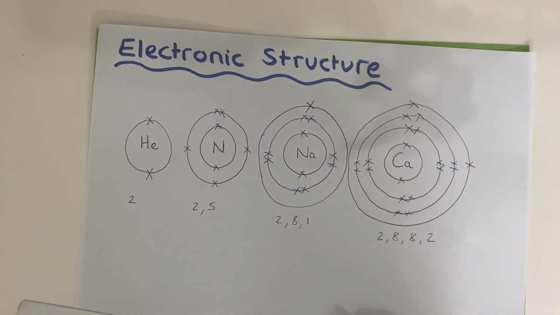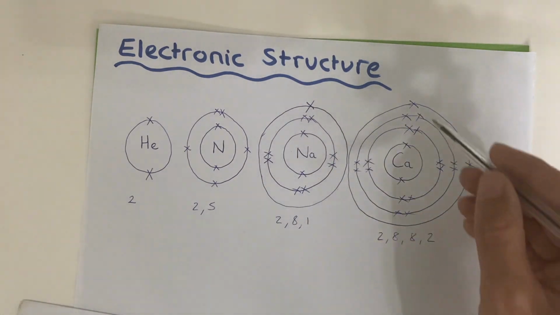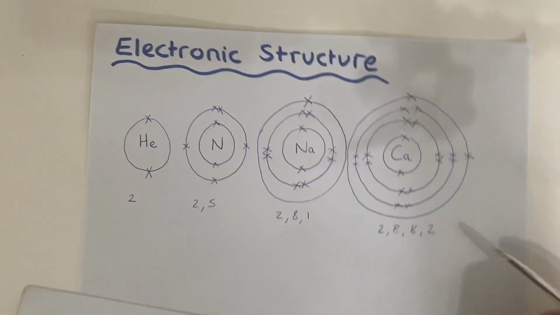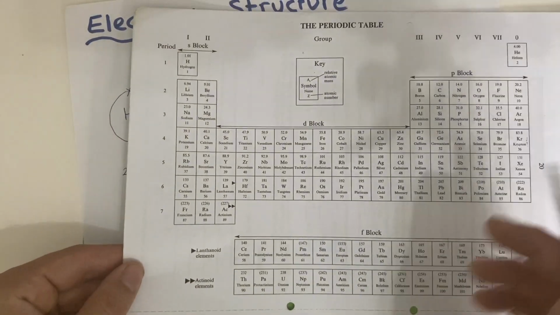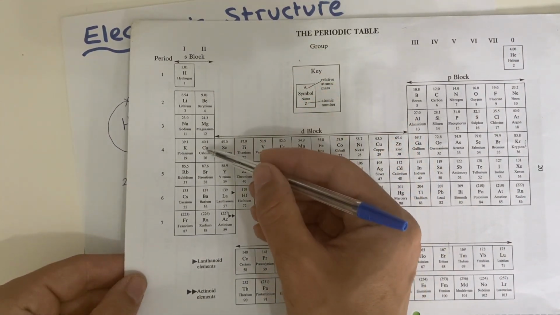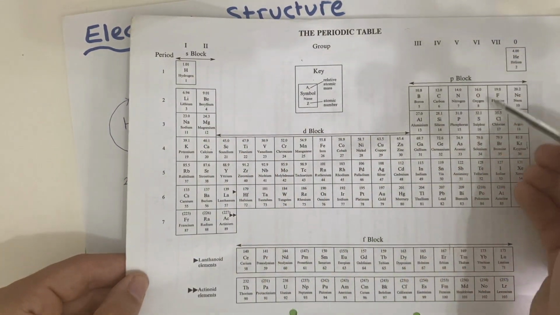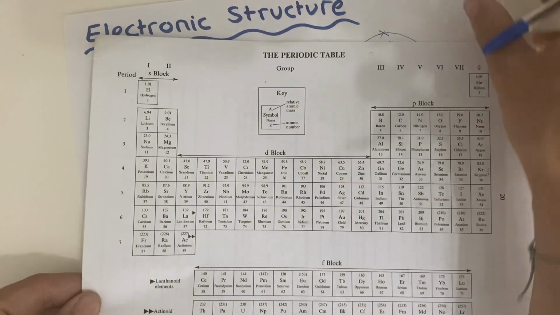And calcium, well, we can see that calcium has got 2 electrons in its outer shell. So straight away we know that calcium is going to be in group 2. And if we have a look at the periodic table, group 2, calcium. So the group number, the column number, tells you how many electrons are in the outside shell.